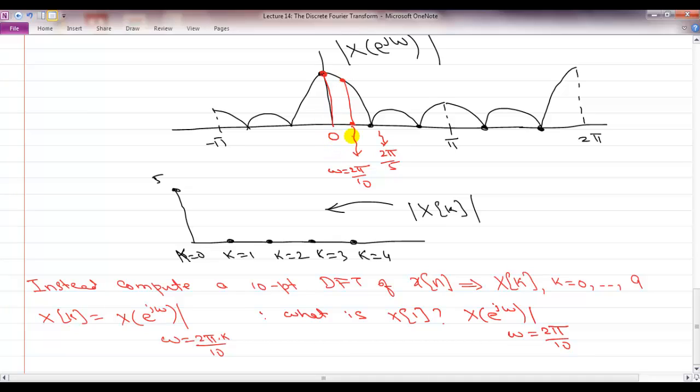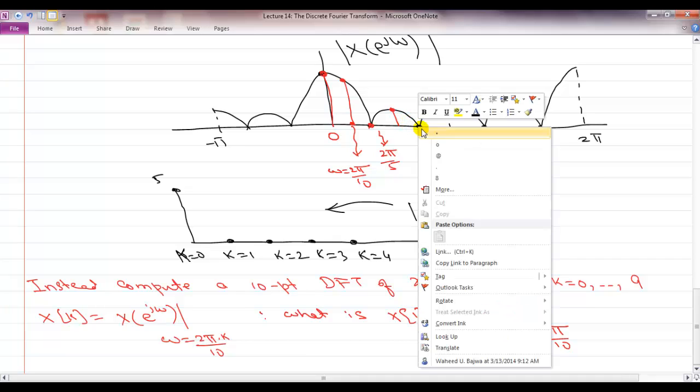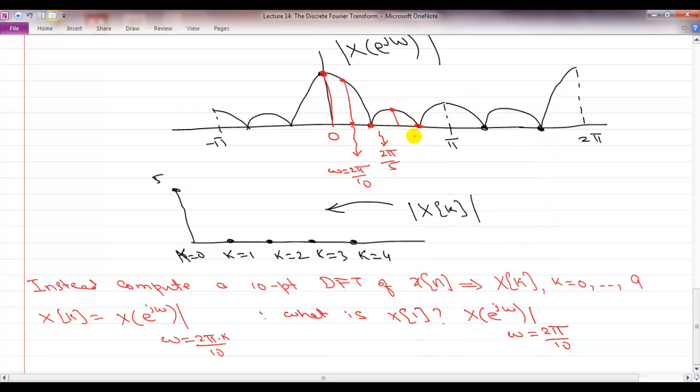Okay. The third sample will be still at 2 pi over 5, but the fourth sample will be here. Okay. It will be 2 pi over 5 plus 2 pi over 10. The next sample will again be at 4 pi over 5. So this point is 6 pi over 10, and this point is 8 pi over 10, which is equal to 4 pi by 5.